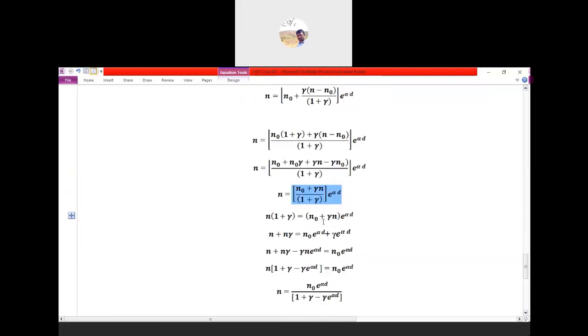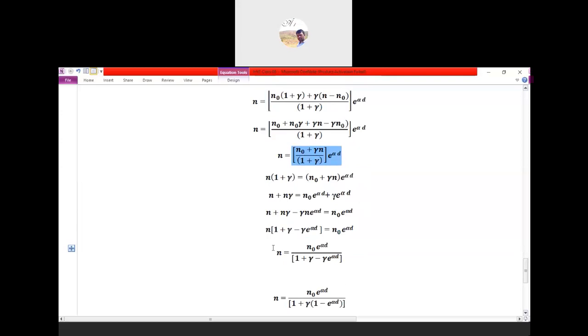Okay, so here we are having the number of electrons. Whatever the n values, similar terms we are taking to one side: gamma n plus, another similar term gamma n minus gamma n naught.